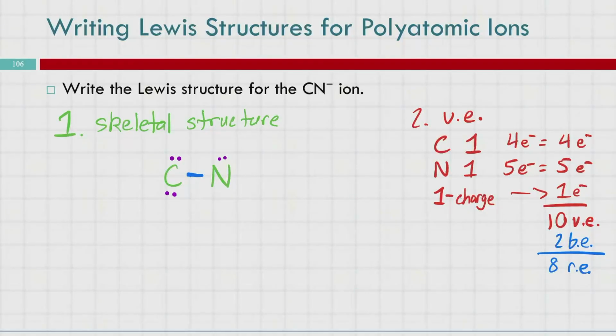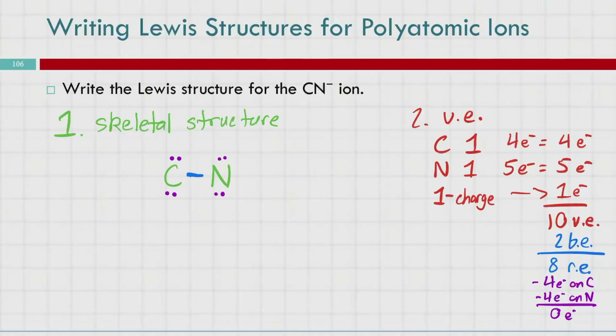So I'm going to give them as lone pairs. So minus 4 electrons on carbon, minus 4 electrons on nitrogen, 0 electrons left. All of our pieces are on the board, and now we just have to rearrange them in a way that gives us octets.